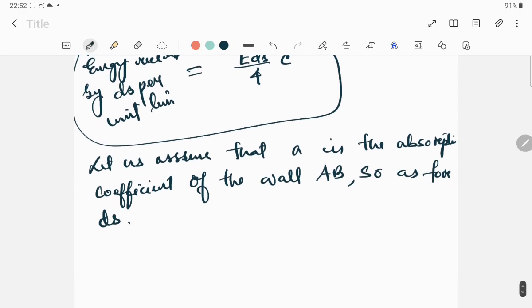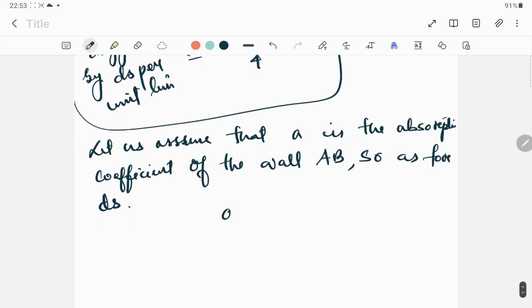Absorption coefficient means the ratio of amount of, it is a percentage of energy absorbed by the wall. Whenever some energy is falling on it, how much percent is absorbed by that wall is given by the value A. So say if I say A is equal to 0.4, it means actually 40%. So that means that if 100 is falling on that wall, it will absorb 40% and it will let 60 go. Okay, so there's a kind of idea you can get out of it.